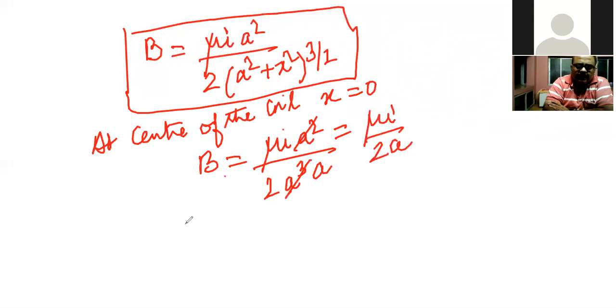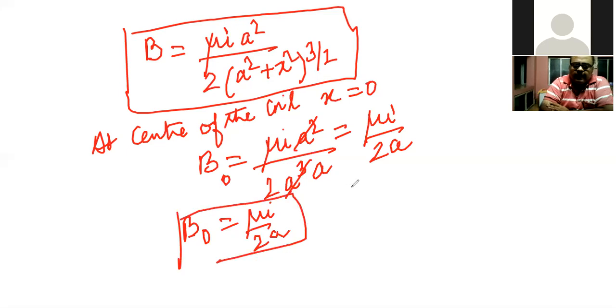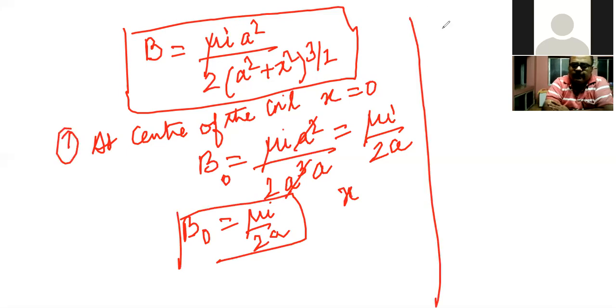That is the magnetic field intensity at the center, and that is the maximum value. This is your first case, at the center. Regarding the second case, if I take x tends to infinity, your magnetic field tends to 0.